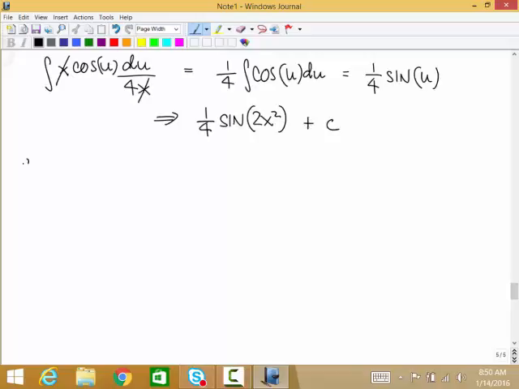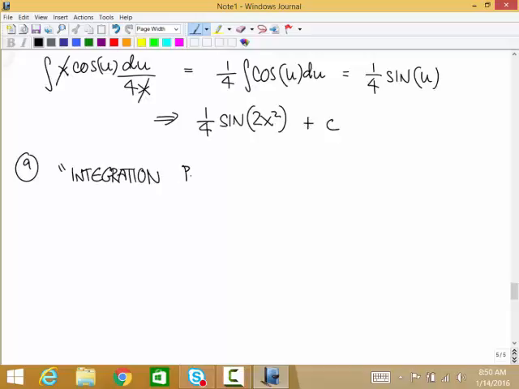And then the last one is the opposite of the product rule. This is integration by parts, and we're not going to use this in this class, so I'm not even going to talk about it.